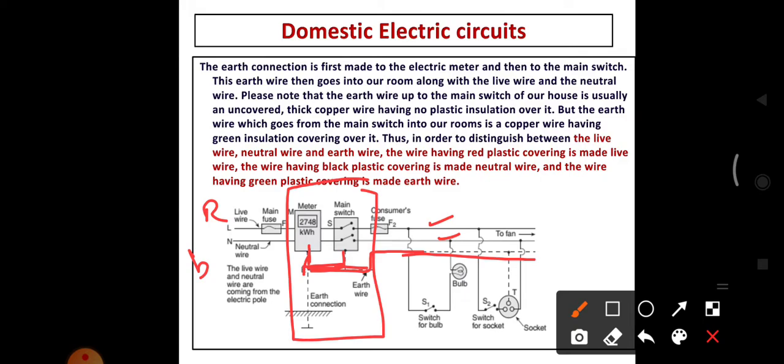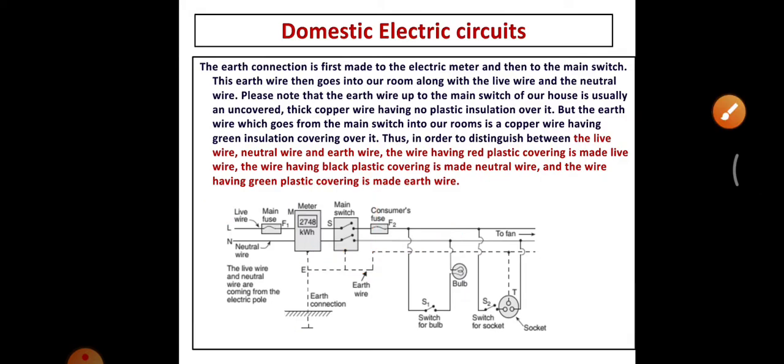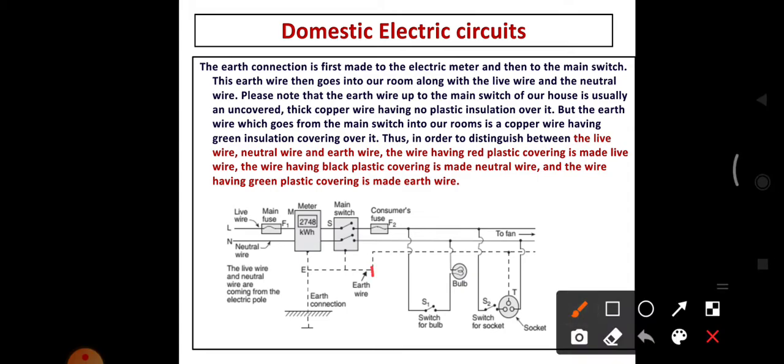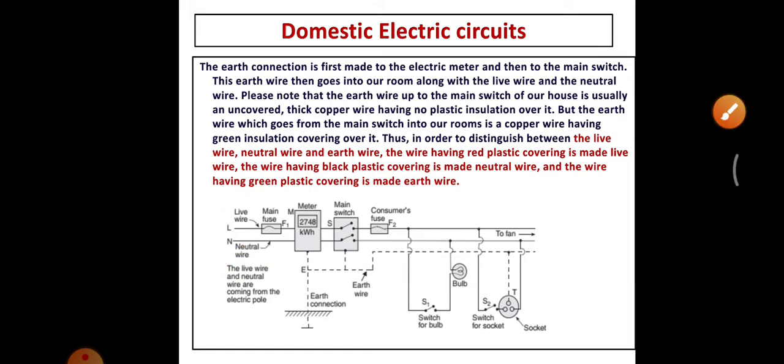But the earth wire which goes from the main switch, after the main connection, has green insulation covering it. So in order to distinguish between the live, neutral and earth wire, we have a red plastic cover for the live wire, black for the neutral wire and green for the earth wire. Do you understand that?